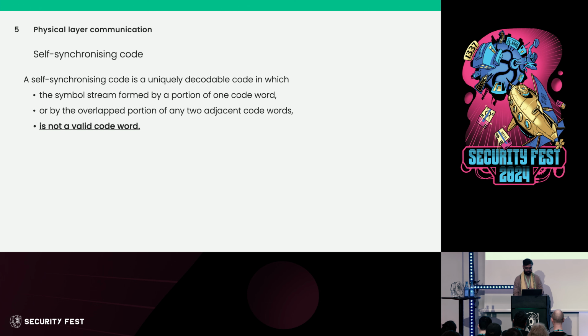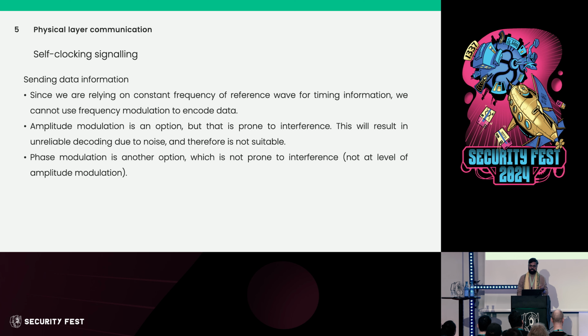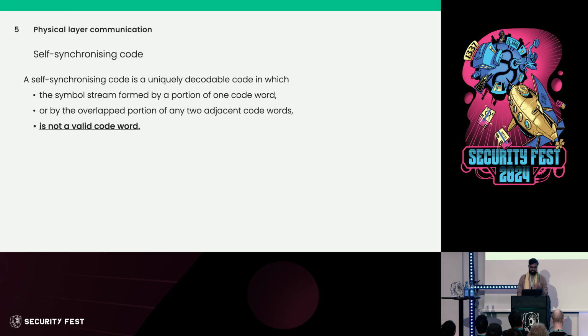So what do they do? They do something called self-synchronizing code, okay? Earlier we had self-clocking signaling, and now we have self-synchronizing code. Basically, we take the same channel and we do everything on the exact same channel, just because we do not want to deal with two separate channels, because we are lazy, okay?